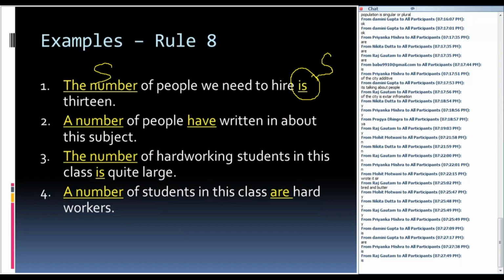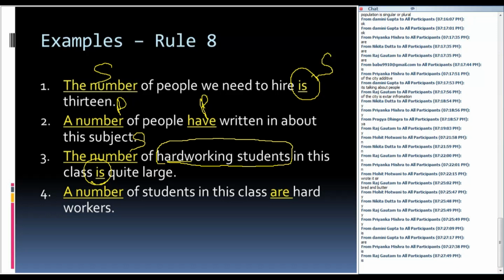A number, plural. A number of people have written in about this subject. The number of hard-working students in this class is quite large. Generally people think that hard-working students is the subject.